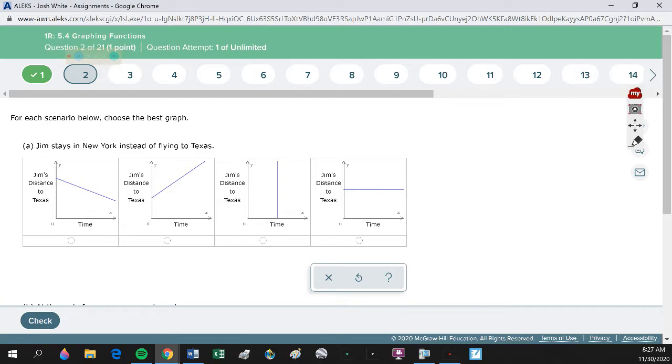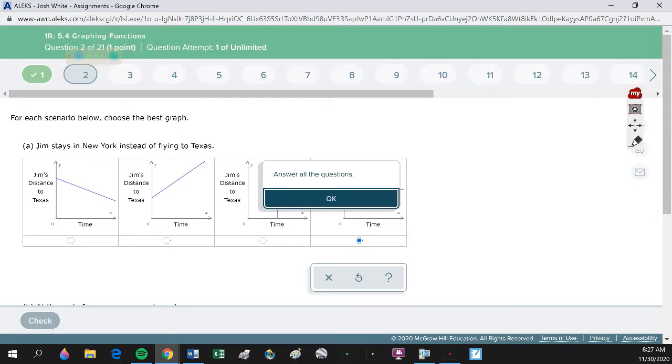So if he stays in New York, is he getting closer to Texas over time, further from Texas over time? This graph, it's got to be the last one. Yeah, it can't be a vertical line. That's not a function, right?